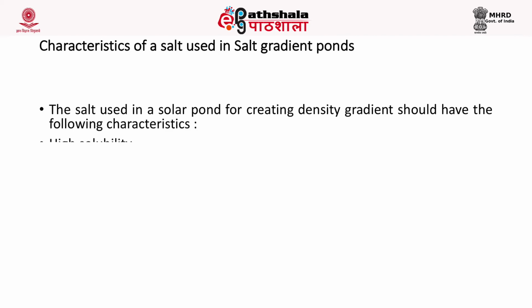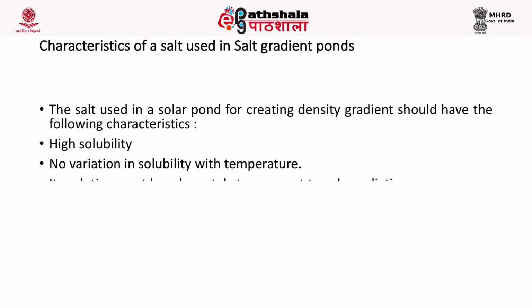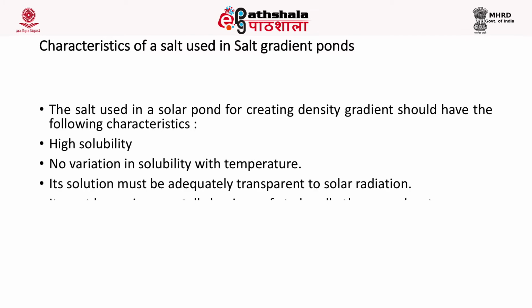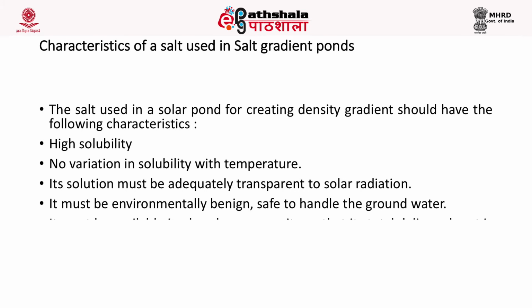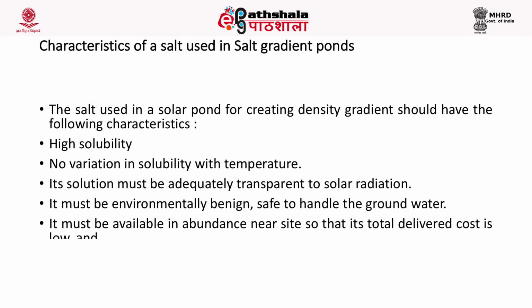The salt used in a solar pond for creating the density gradient should have these characteristics: it should have high solubility, with no variation in solubility with respect to temperature. Its solution must be adequately transparent to solar radiation.